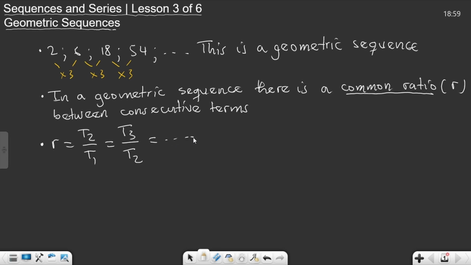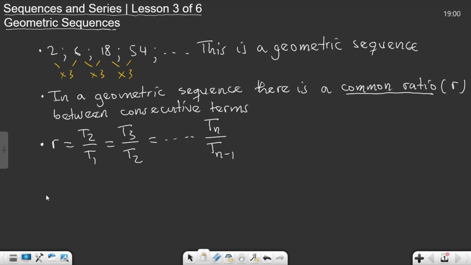You can continue, and in general, we can say it's Tn divided by Tn minus 1. So this is the next number divided by the previous number in the sequence. So this is how you find your ratio for a geometric sequence.